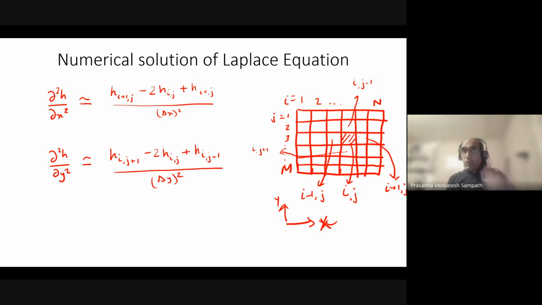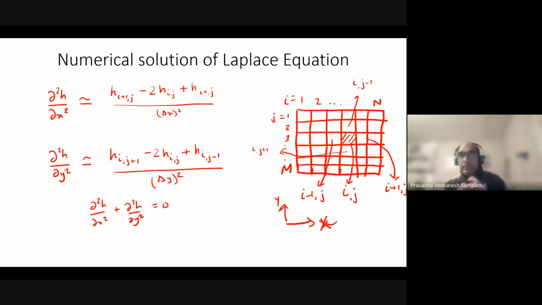So basically what I have done is, my original equation was dou square h by dou x square plus dou square h by dou y square equal to 0. This was a partial differential equation. I have converted it into this new equation where the first term can be approximated by that i plus 1 comma j, i minus 1 comma j, whatever I've written there.